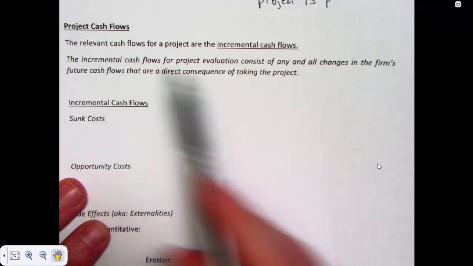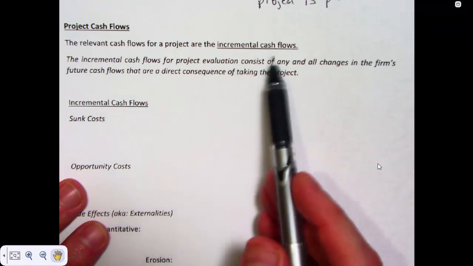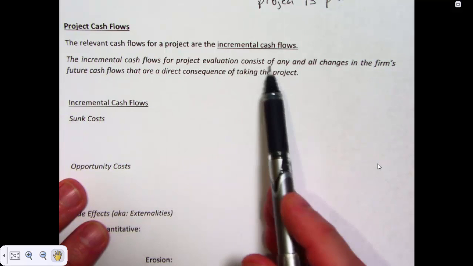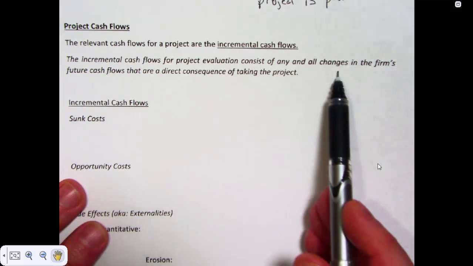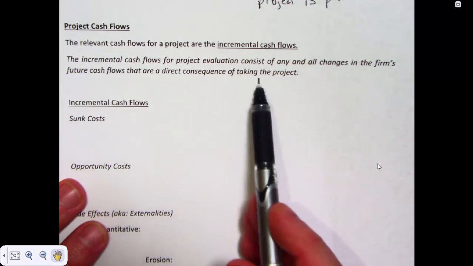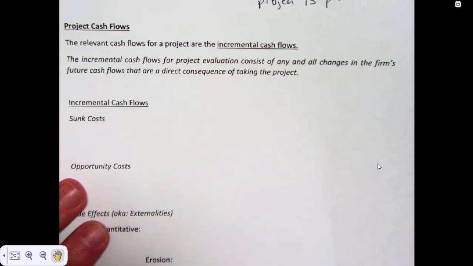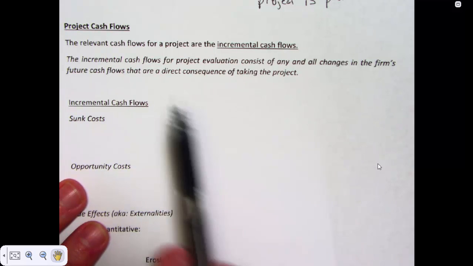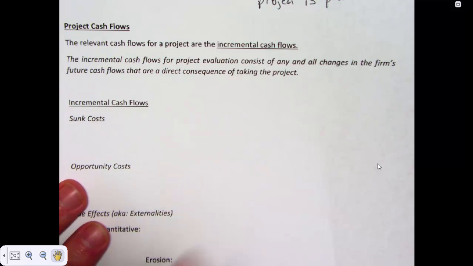It says here the relevant cash flows for a project are the incremental cash flows. So the incremental cash flows for a project evaluation consist of any and all changes in the firm's future cash flows that are direct consequences of taking the project. So the only cash flows that matter for a project are the ones that occur as a result of taking on the project.